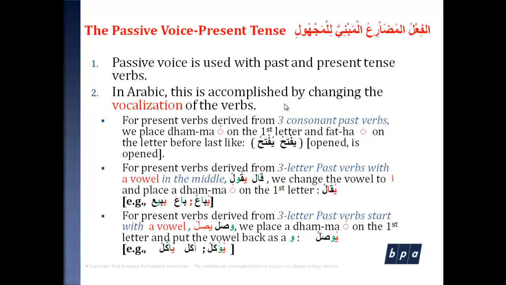So we showed the pattern in lesson 5 for how that is accomplished for the past tense verbs. Now we will show the pattern of how it's accomplished in the present case, for present verbs derived from the three consonant past verbs. Again, all of our conjugations and examples are focusing on the three-letter verbs because they are the most common.